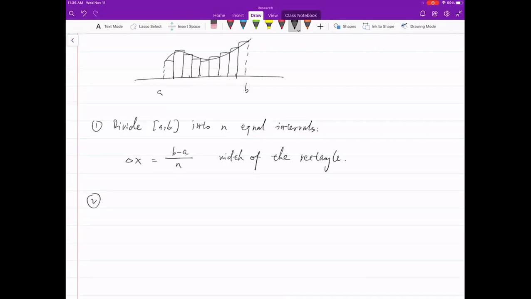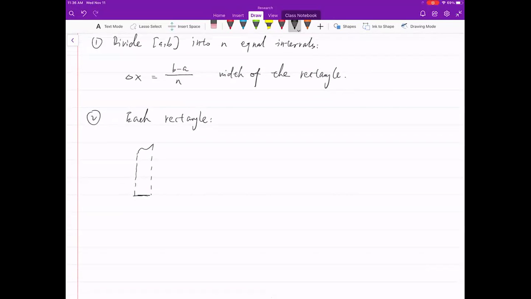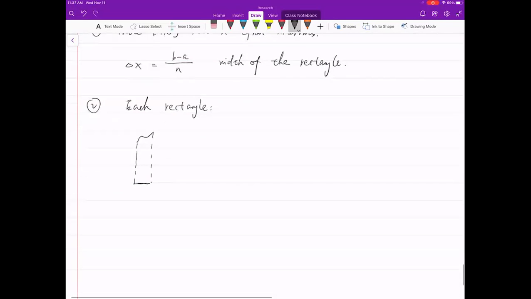Number 3, we want to sum them together. Sounds good? Now for each rectangle, you have something like this. You want to find the area of this and then sum them. Good so far?